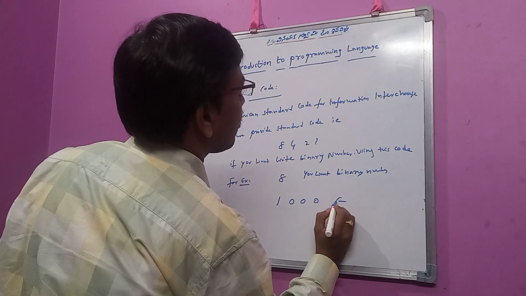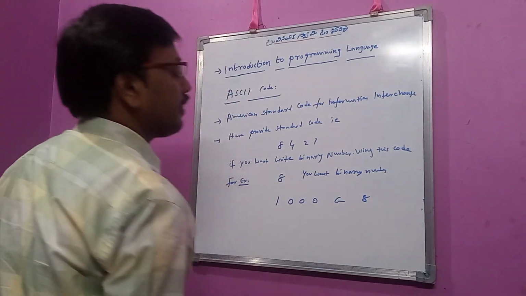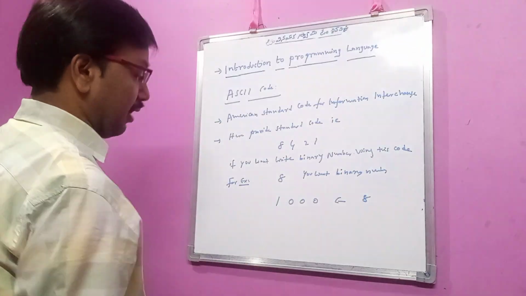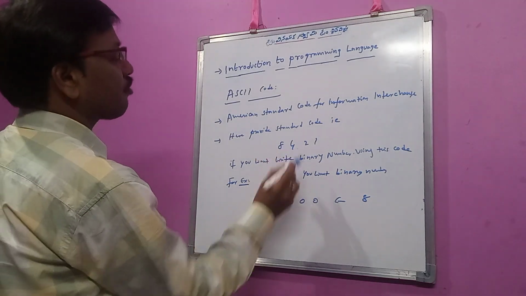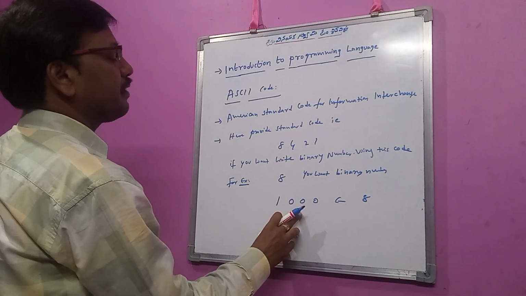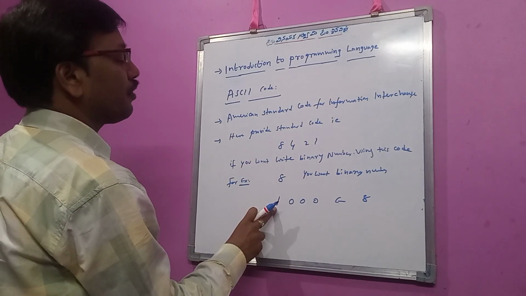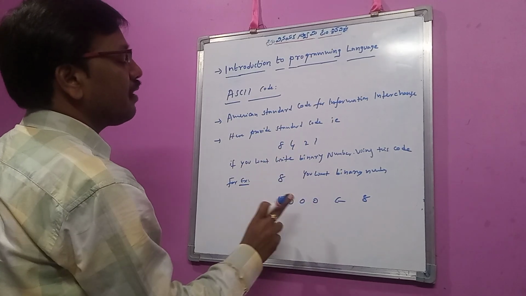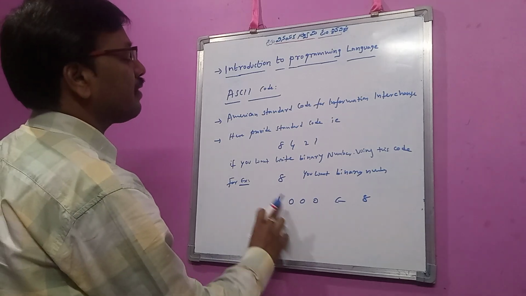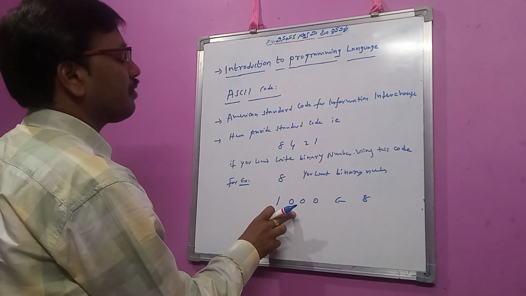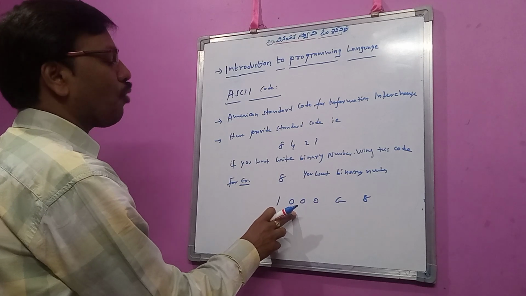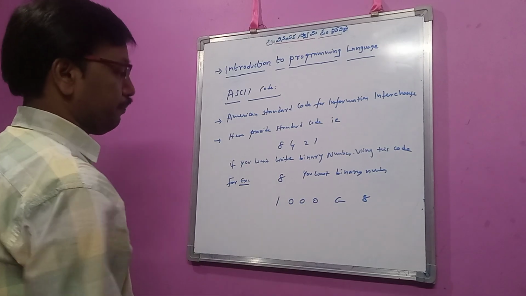Here you put 1 under the 8, and the remaining are 0. So that is the binary number for 8.